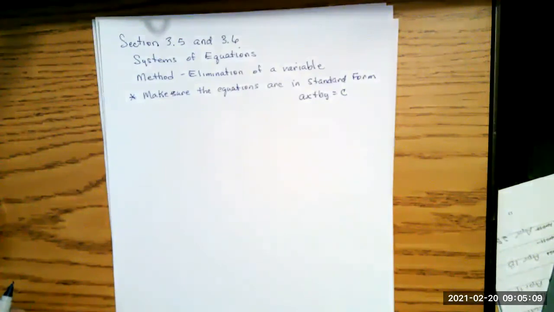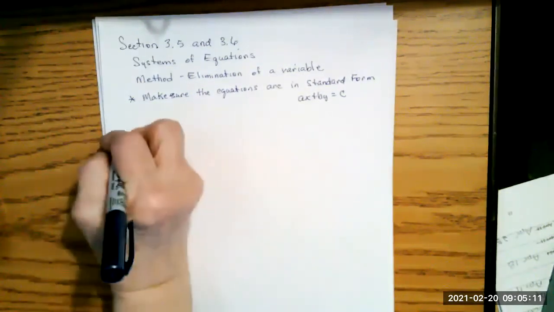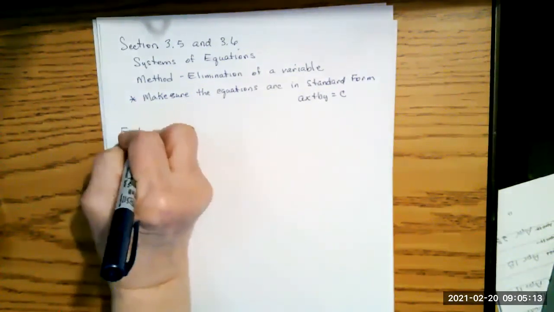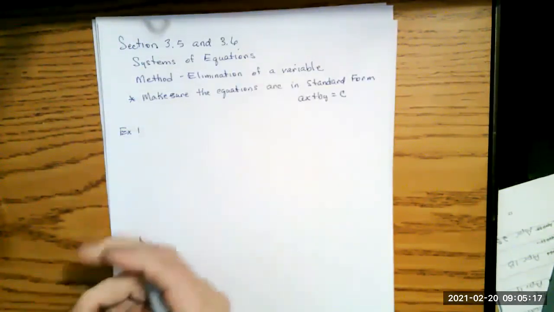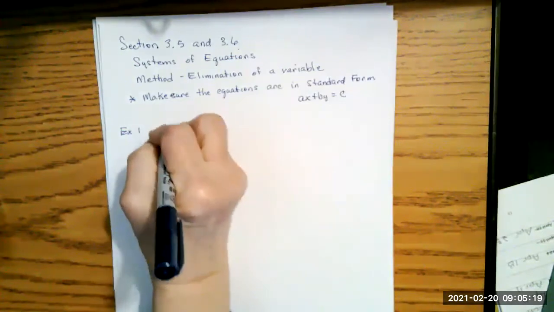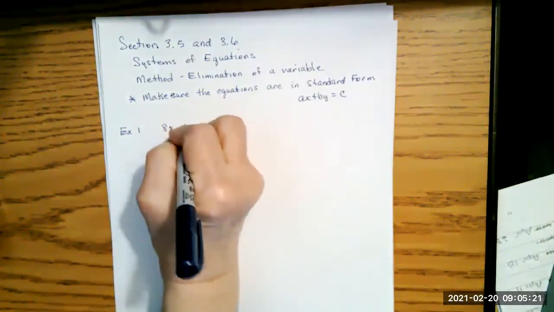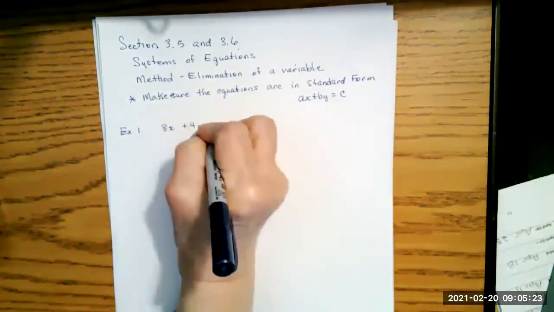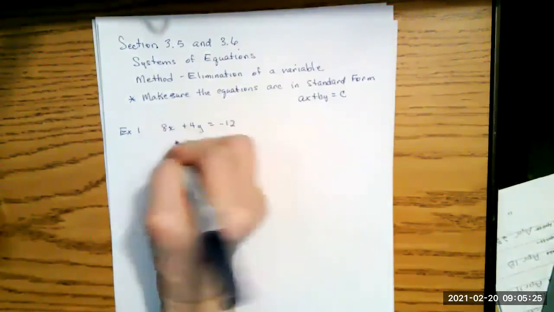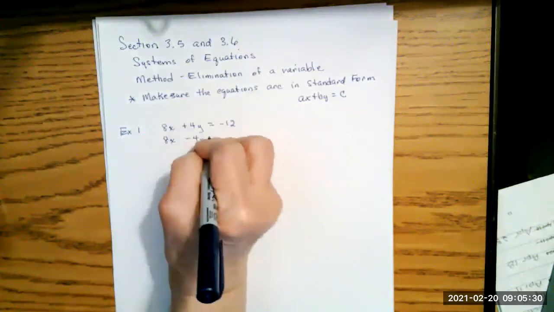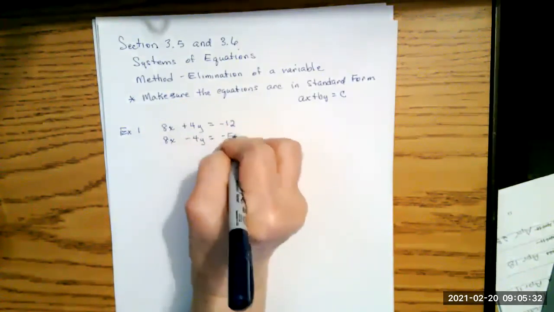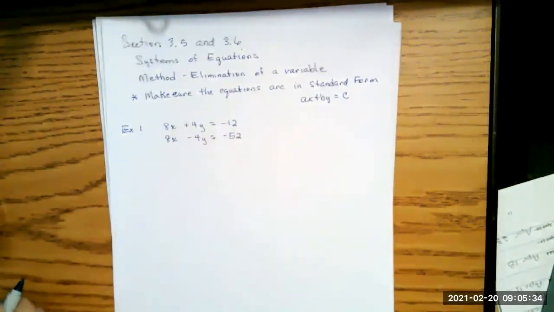We're going to start with an example. This will be example 1. And we have two equations. This is actually from your set of equations, so you'll see one like this on your set of equations. So you see we have two equations with two unknowns, x and y.